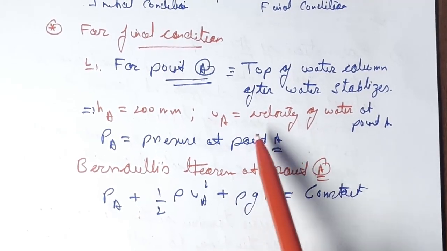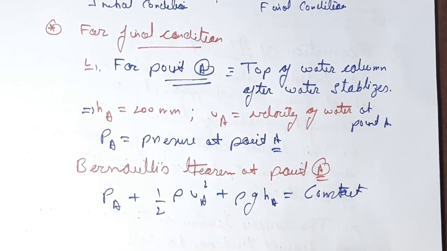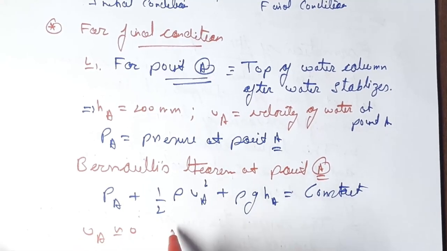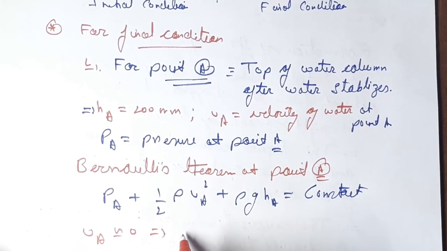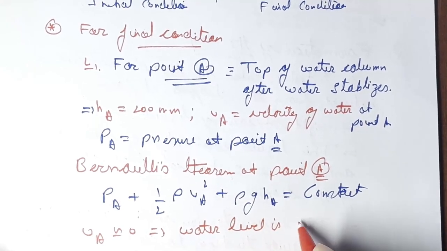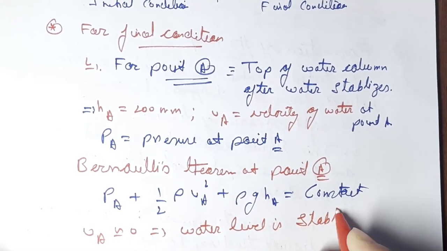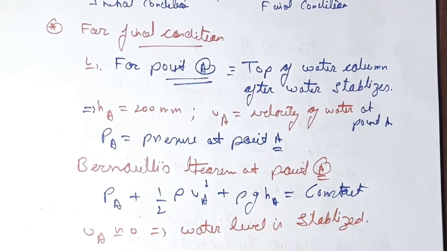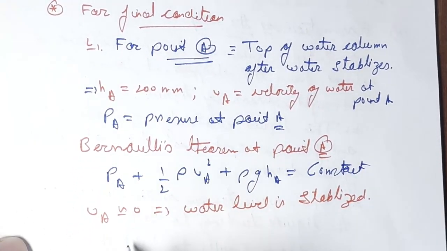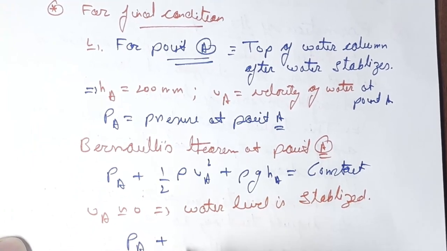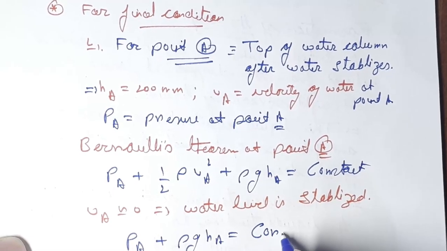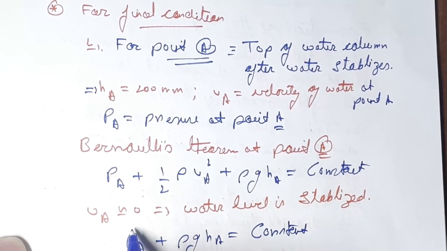And we can say that the velocity is approximately equal to 0 because the water is stabilized. So we can write VA is approximately 0, the water level is stabilized. Therefore we can write this equation: PA plus rho g HA is equal to constant.